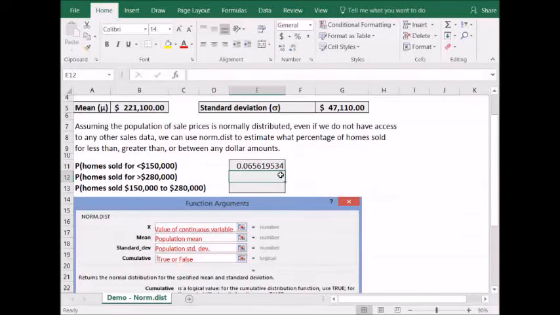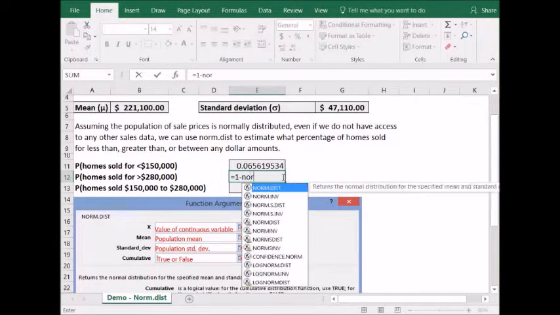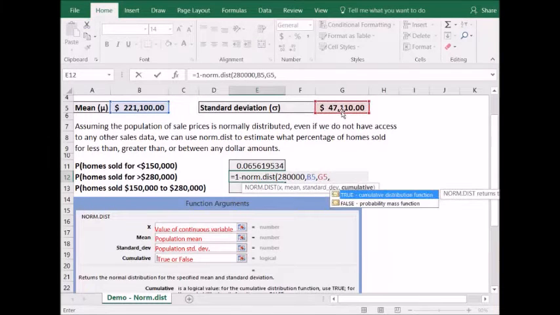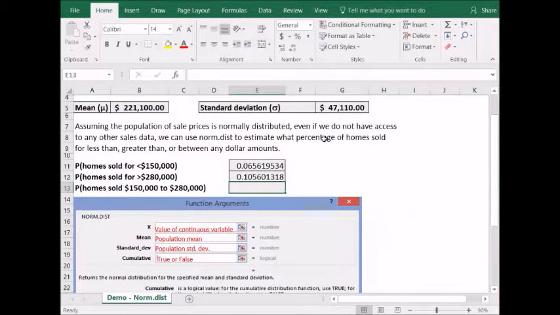Let's solve it in the cell. Equals 1 minus norm.dist. And when I put the left parenthesis, it will tell me what to put, so I don't need the dialog box. My x is 280,000, comma, my mean, my standard deviation, and then true for cumulative. About 10.5% of homes sold for greater than $280,000.